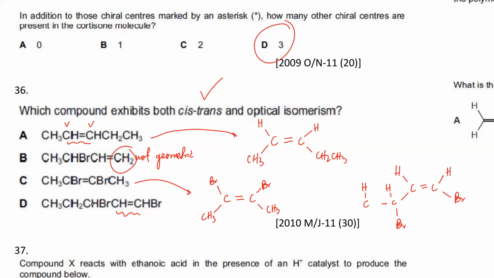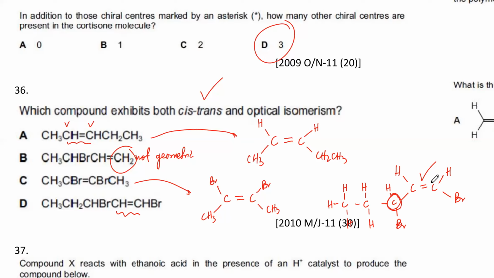So C with 2 H's and followed by CH3, C with 3 H's. So this is cis trans, but is this optical as well, this molecule or not? Is it a chiral carbon atom? Yes. This one is chiral.